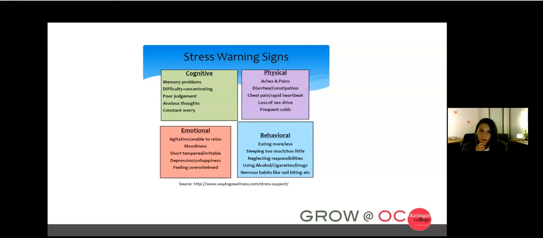So I think it's important for everyone to know that everyone experiences stress differently, and you might experience stress differently over time, right? So that difficulty sleeping, maybe that has never affected you before, and all of a sudden that's a new symptom of stress for you. So we call these warning signs, or I like to say to students, what are your red flags for feeling overwhelmed and stressed?